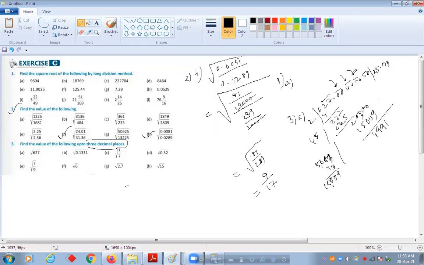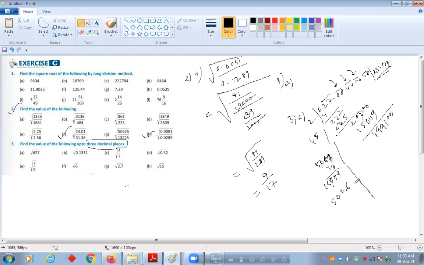Now we have to take down another pair of zeros. Now how much did we get? 2,503. If we take down the double of this, 6, 0, 5 to the 10, 0, 1 carry, 2 to the 4, 1, 5.